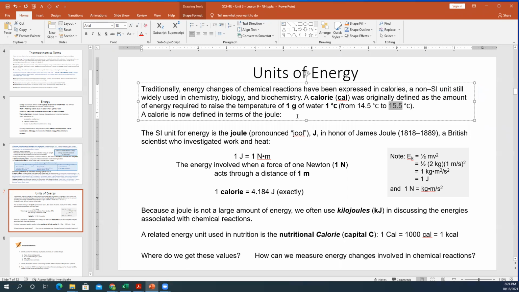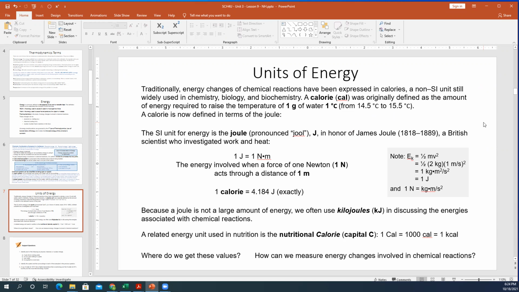A calorie now is defined in terms of the joule, and the joule is the standard international unit for energy. The symbol for joule is J. Many of you may be familiar with this from your physics courses.